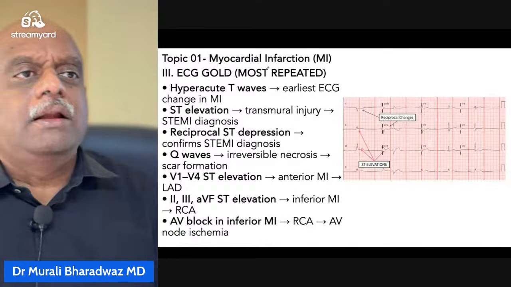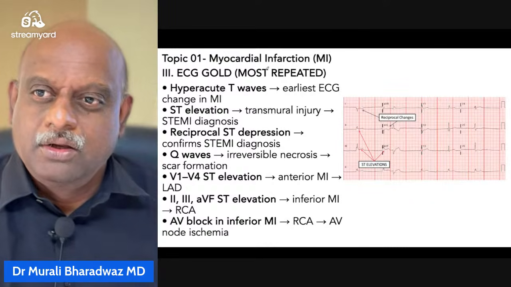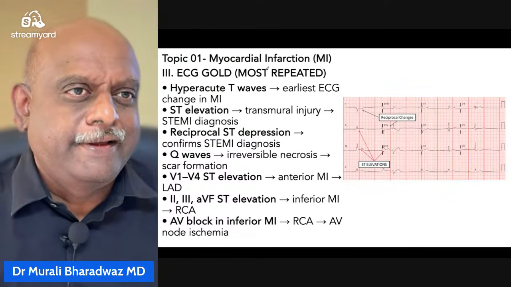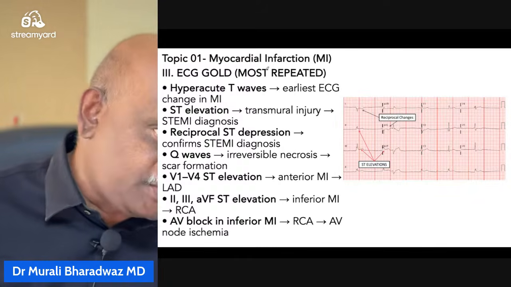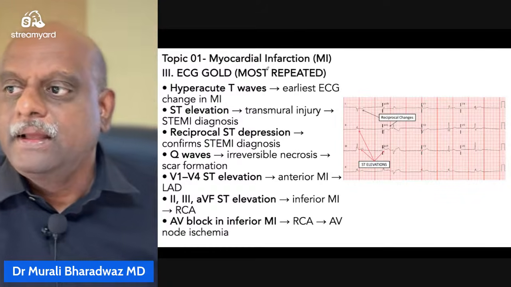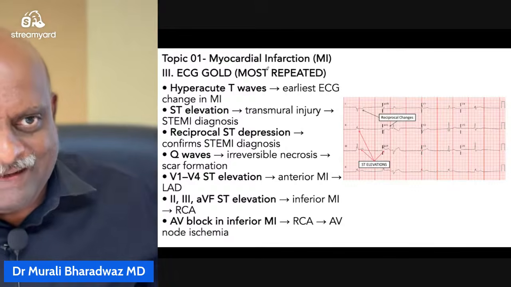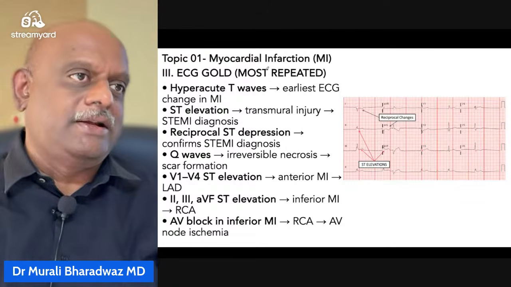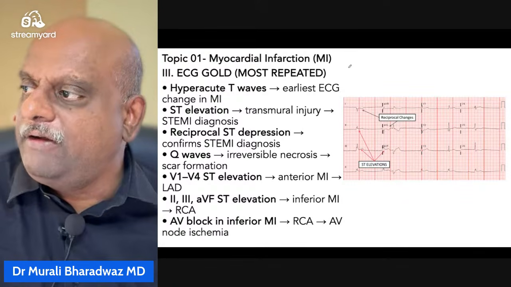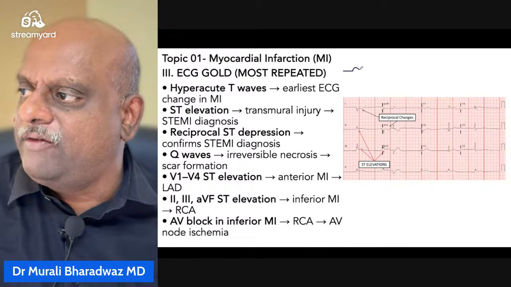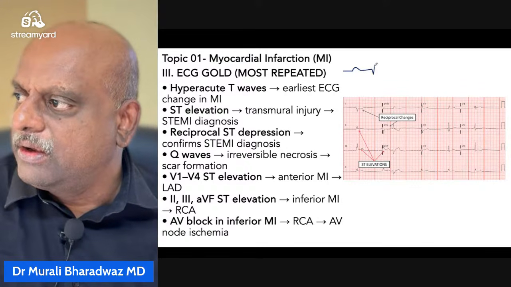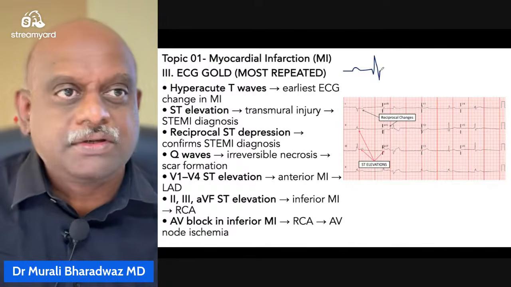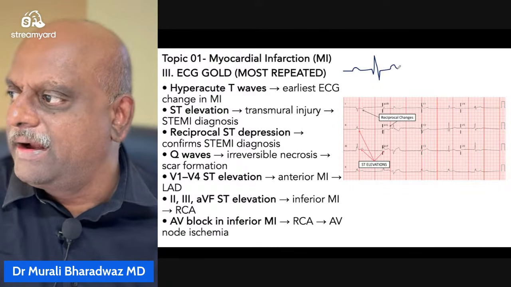Now, it's very common as an intern, you have to look at the ECG and decide heart attack in a person who has chest pain. We will take ECG separately, but for now try to learn. You know how many waves are there in ECG? First you have a P wave, then QRS, then a T wave.